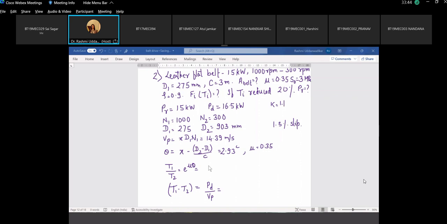So it is 2.78. This is T1 by T2, right? And what is T1 minus T2?